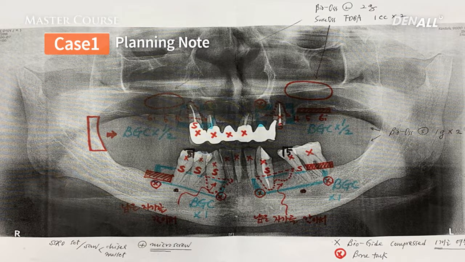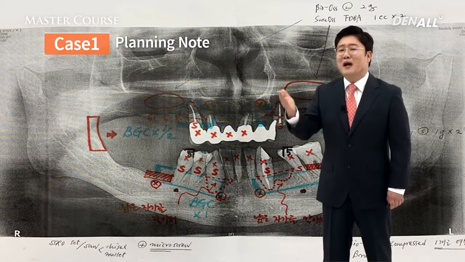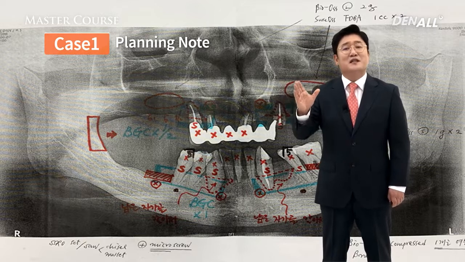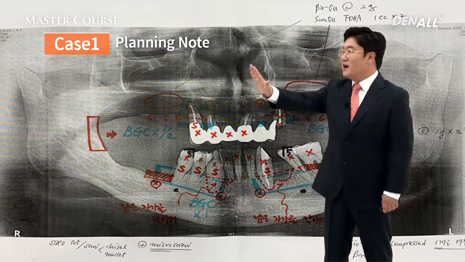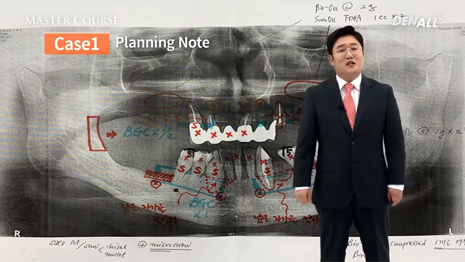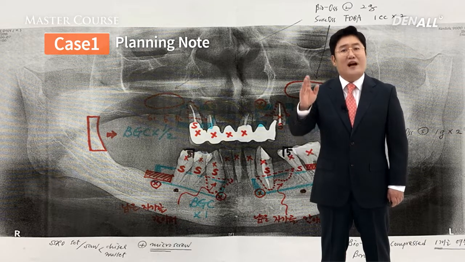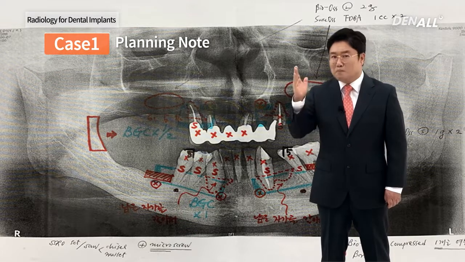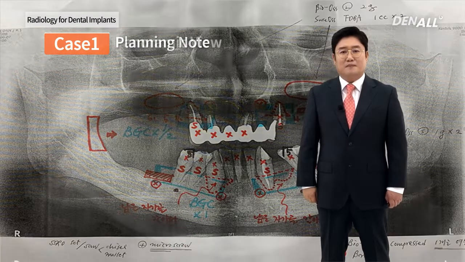At bilateral upper posterior areas, a large-scale sinus lifting will be done. With only panorama pictures, this kind of surgical planning is not possible. With CBCT images, this kind of surgical plan was able to be established. So the advancement of CBCT pushed the development of implantology as well.